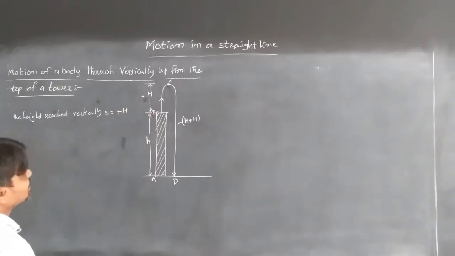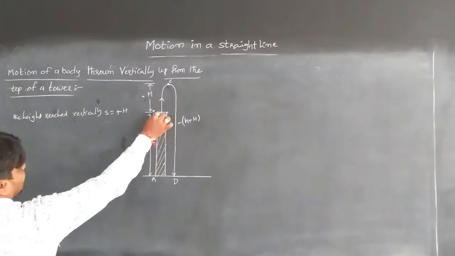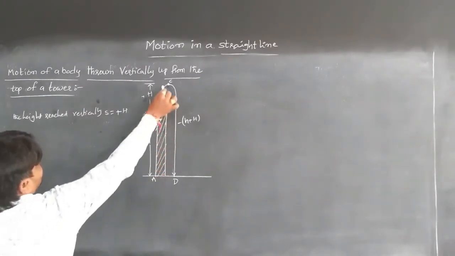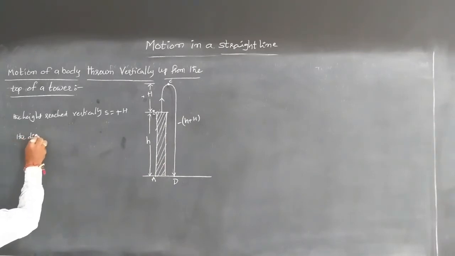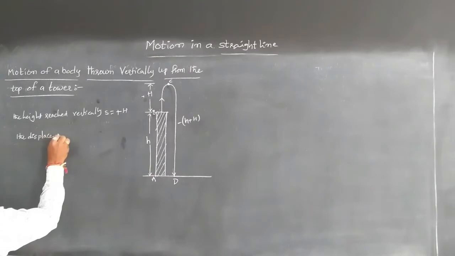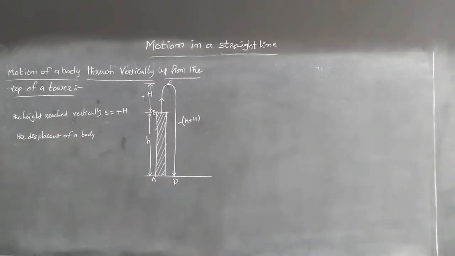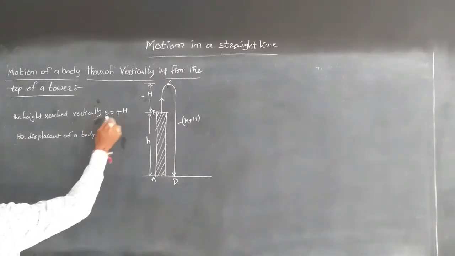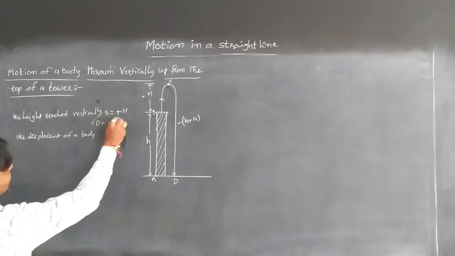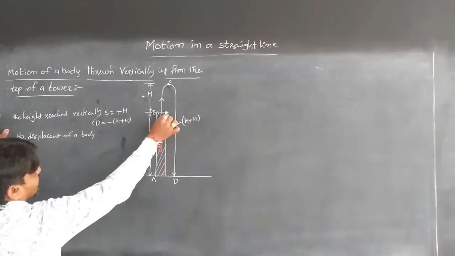The body is projected vertically upwards, and from the height of small h it then falls down. Here we can say that BC is equal to plus h and CD is equal to minus of h plus h. Then the total displacement will be from B to D.